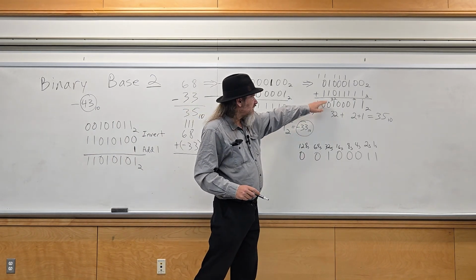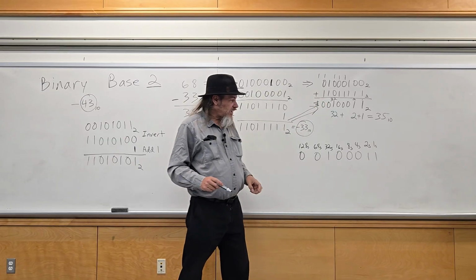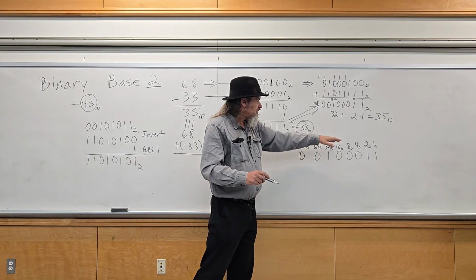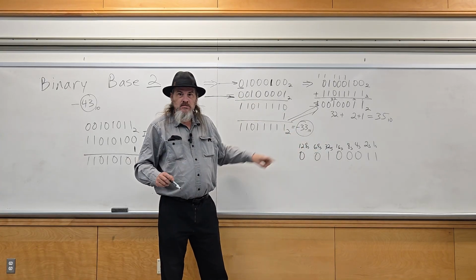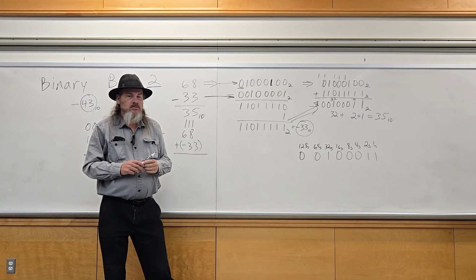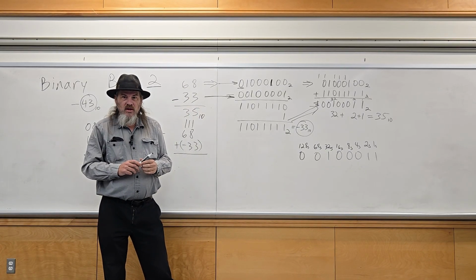Oh, that's the result of the addition. I was just copying these numbers down here, spread out a little bit more so I could write the value of each position. Okay?